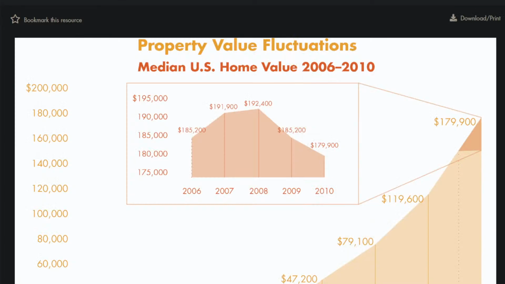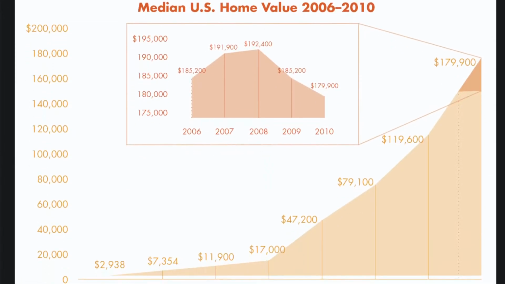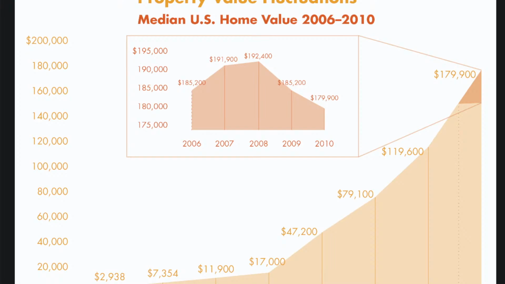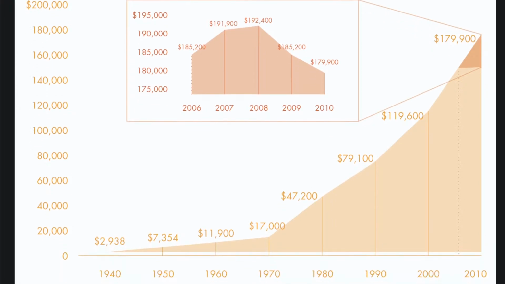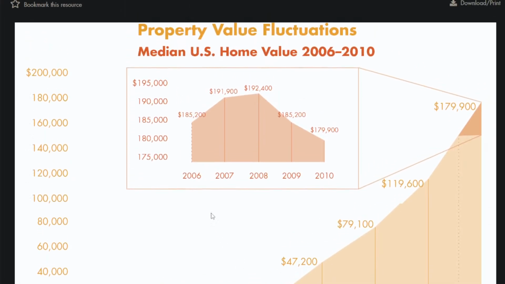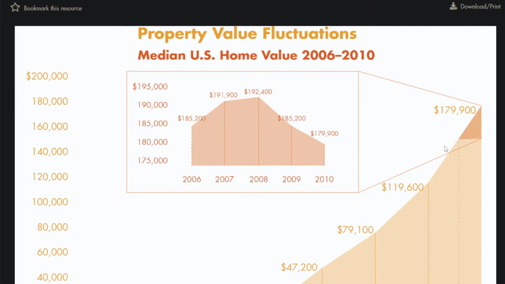All right. So let's see if we can get this all on screen here. What do we got? 2006 through 2010. Well, this is 1940 through 2010, but here's 2006 through 2010.